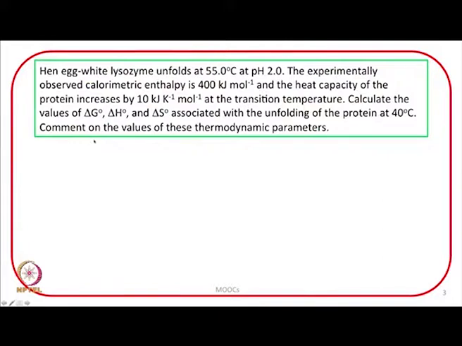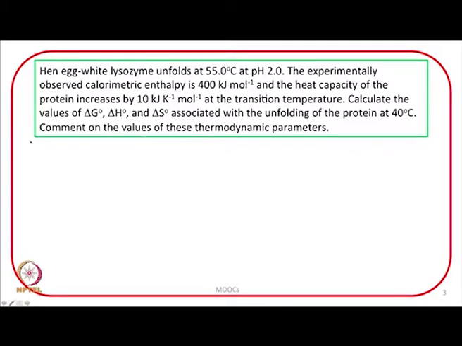Let us look at this question. Hen egg-white lysozyme unfolds at 55 degrees centigrade at pH 2. The experimentally observed calorimetric enthalpy is 400 kilojoules per mole, and the heat capacity of the protein increases by 10 kilojoules per Kelvin per mole at the transition temperature.